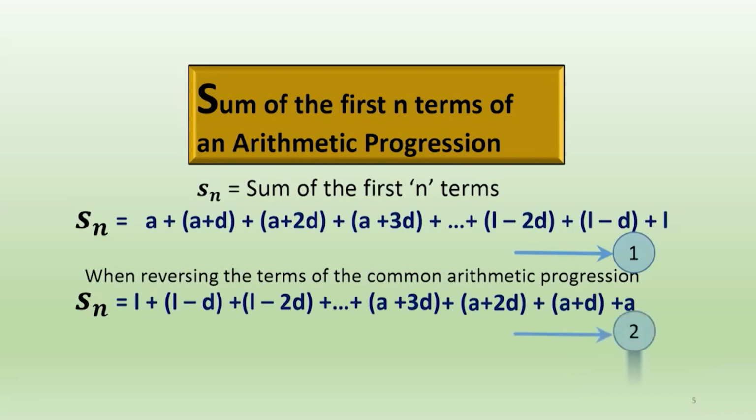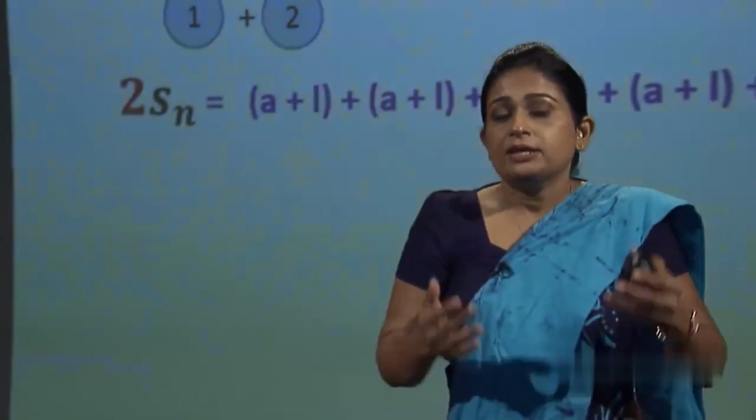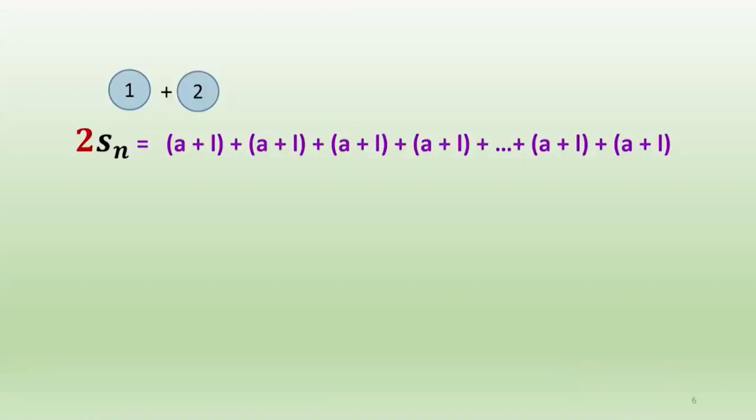Now I am going to build up a formula to find the sum of the first n terms of an arithmetic progression. To do that I use this method: the first equation and the second equation are added. On the left side we have Sn in both equations, so adding them makes 2Sn. Now the right side: you can imagine what I have given there.